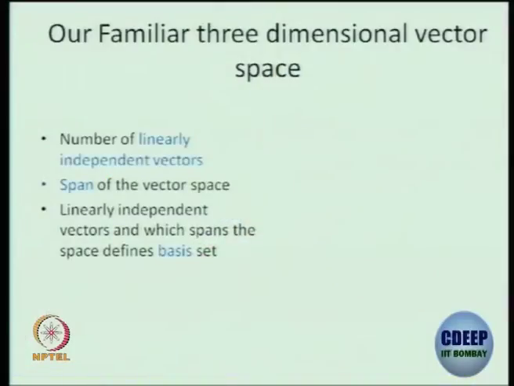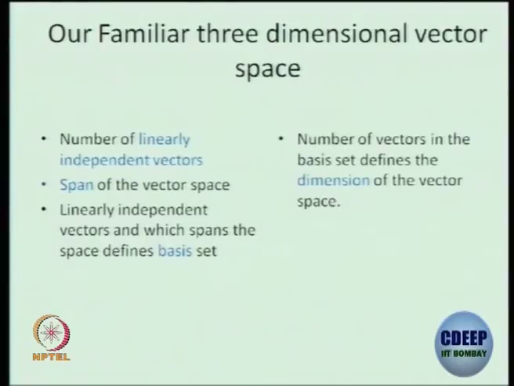So, you need to take count of both spanning the space as well as the number of linearly independent vectors, and then this collection of linearly independent vectors which spans the space defines the basis set. The number of vectors in the basis set defines the dimension of the vector space.